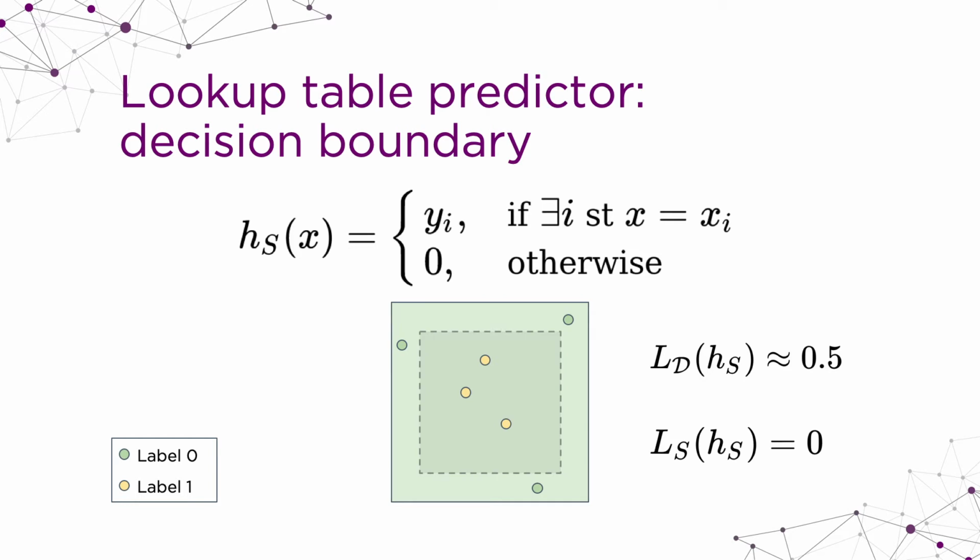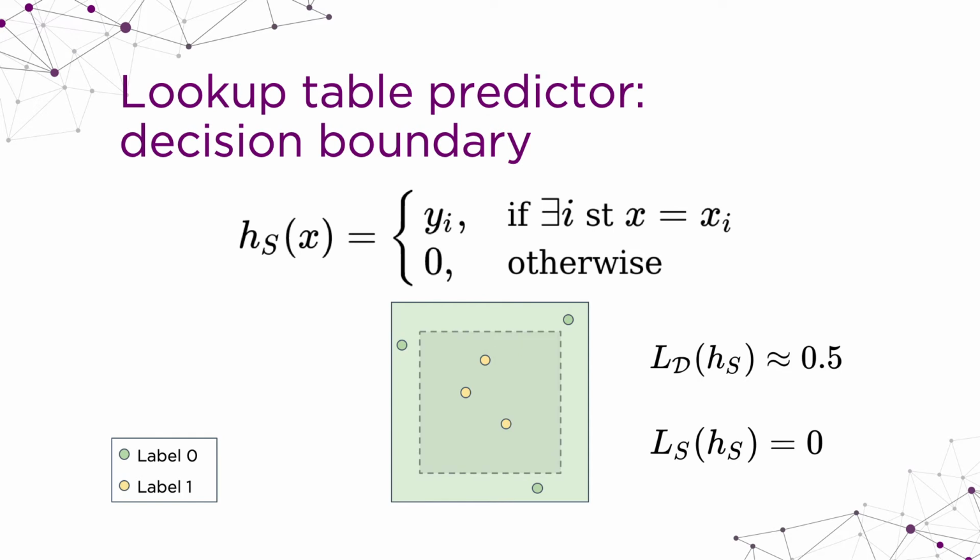The empirical risk is 0. It's an optimal model, but the real risk is 0.5, because the area inside the true boundary is 0.5, and the outside area here is also 0.5.